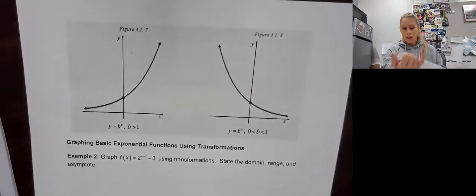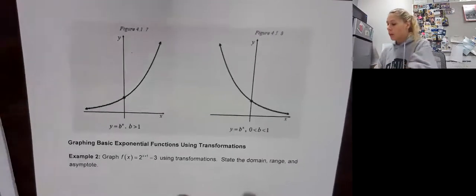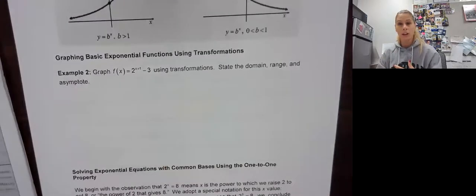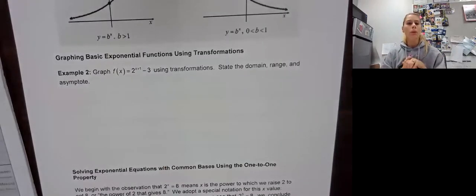So what we're going to do is analyze how we can graph these, starting with the parent function and then going from there, okay? So example 2, graph 2^(x+1) minus 3 using transformations. So we're going to start with the parent function, okay?